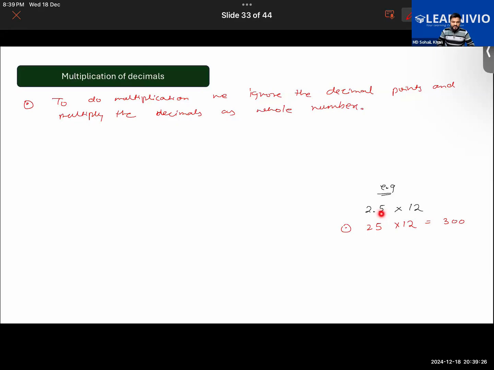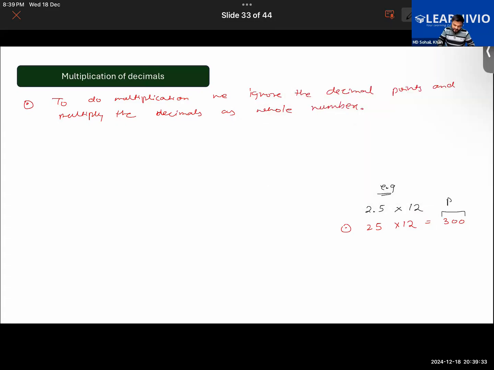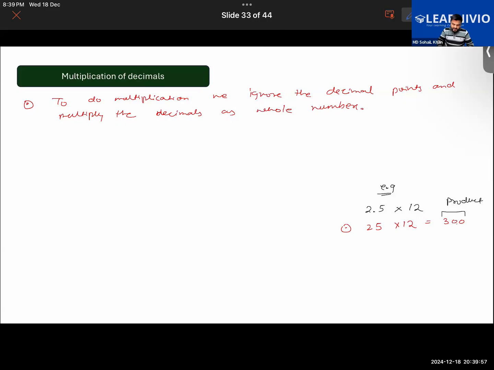Getting it now? This right here is our product. So in the product, we are going to insert the decimal point so that it also has the same number of decimal places. The given number has one decimal place, so in the product also there has to be one decimal place. In order to get one decimal place in the product, we should insert a point between these two zeros.